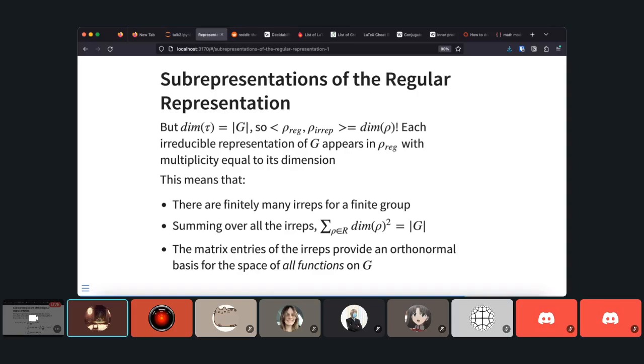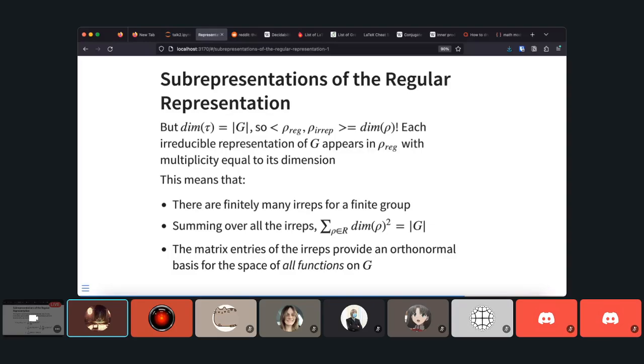And that means that every single irreducible representation appears in the regular representation with multiplicity equal to its dimension. So if you have a 3-dimensional irrep, then it appears in the regular representation 3 times.